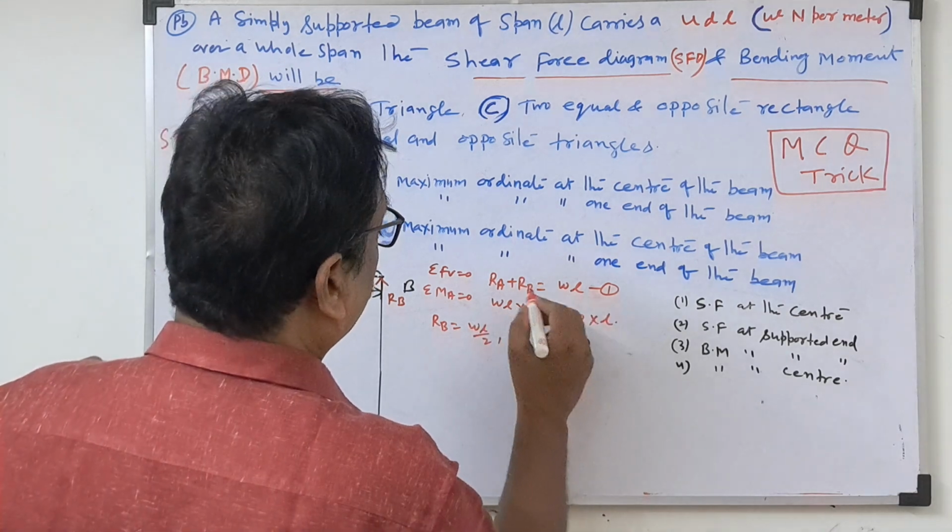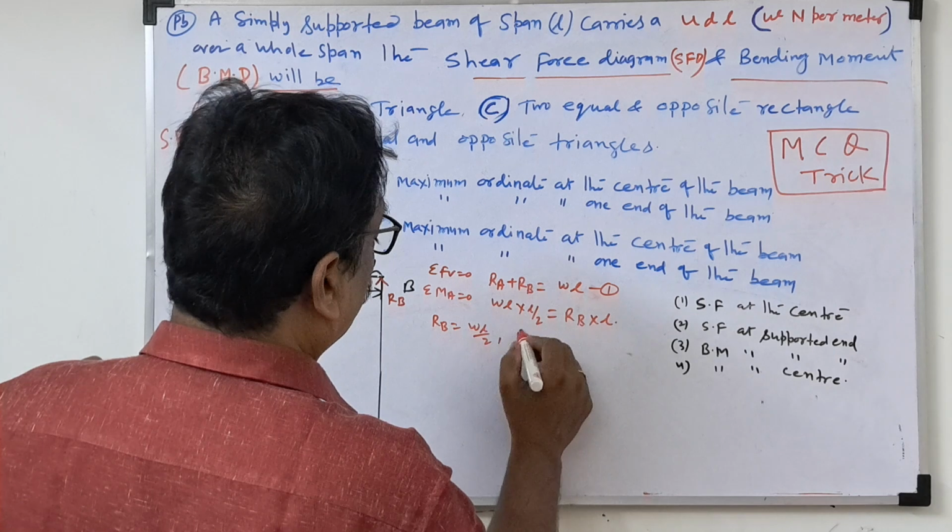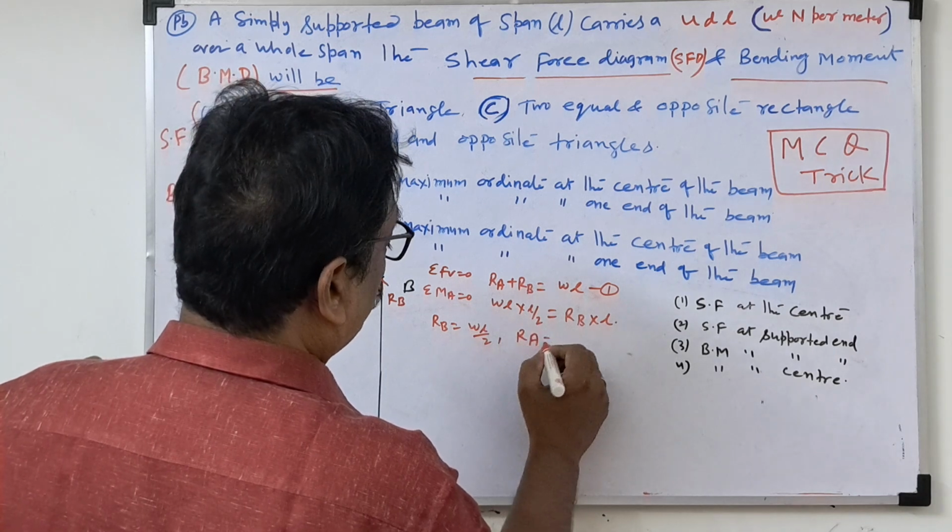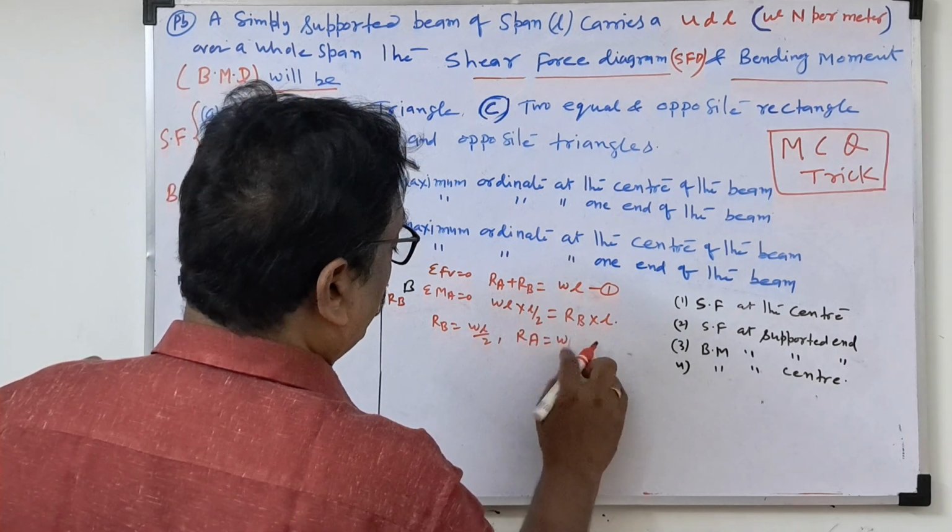Then if you substitute in WL minus WL by 2, RA also will come WL by 2.